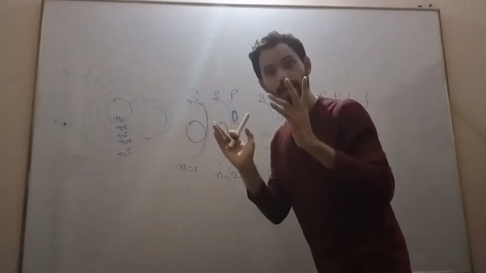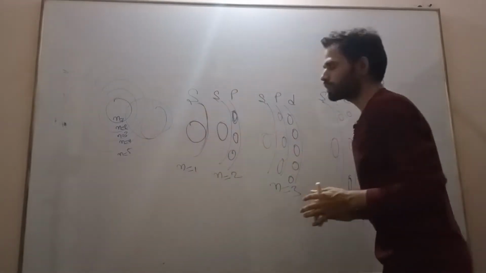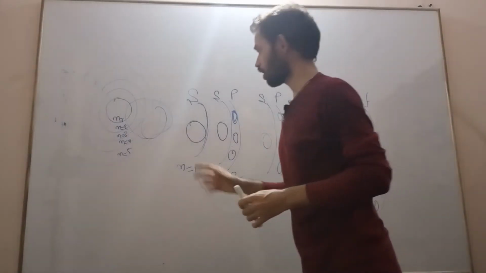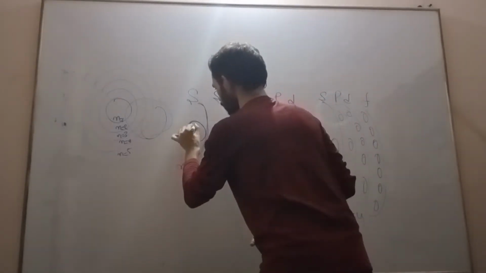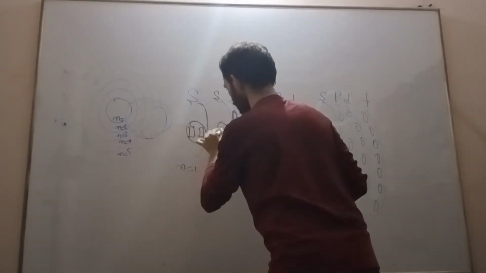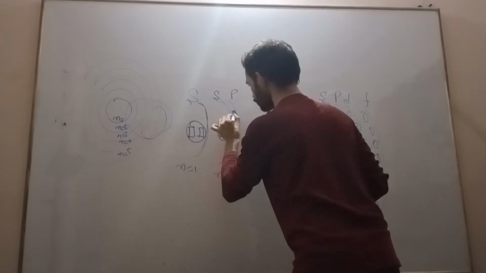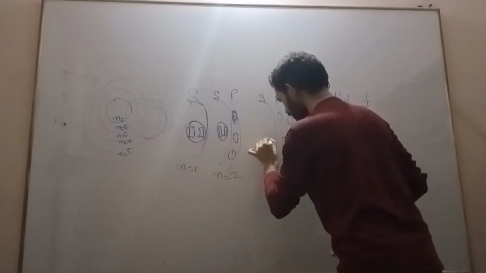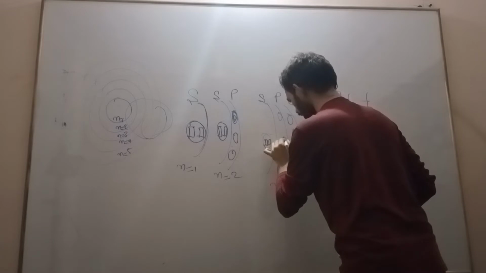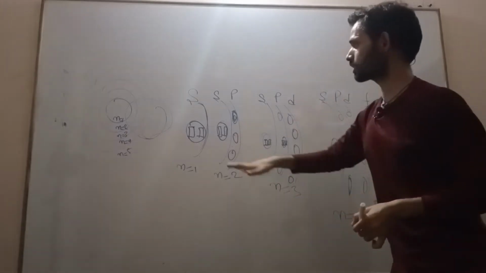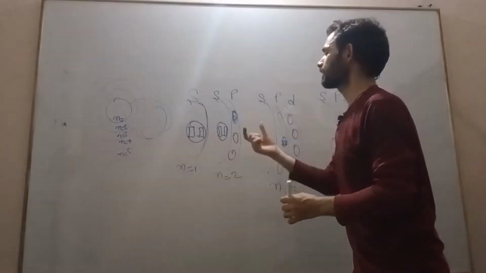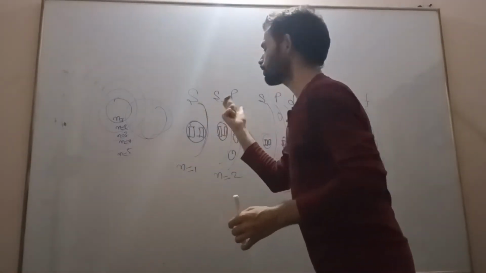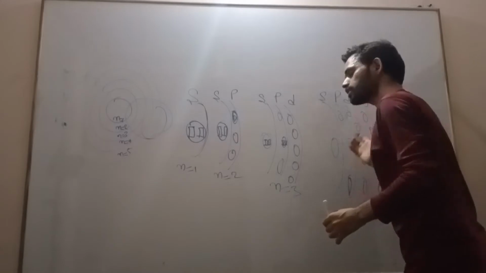Each orbital has 2 quantum states, or 2 energy states, where exactly the electron is sitting.